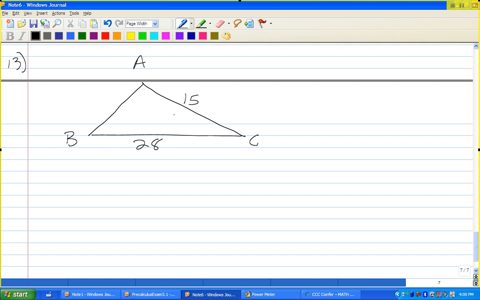B is 15. C is 53. Again, you can use law of sines or law of cosines. In this case, actually, law of cosines will probably be easier.